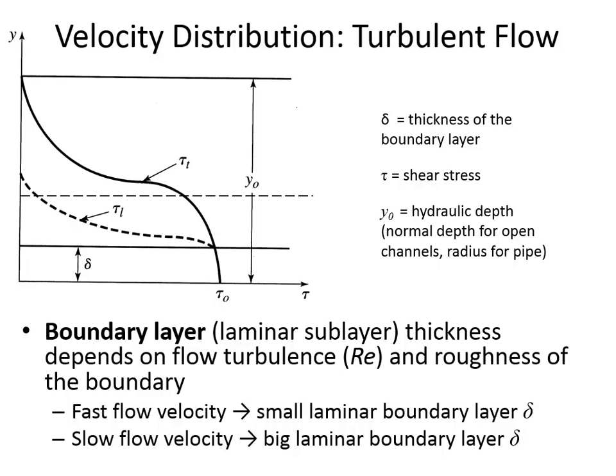Why do you have the shear stress for laminar above that? Good question. Why is the turbulent one above? You'd think if the conditions in the pipe are laminar, the laminar layer would be the entire zone of the pipe.